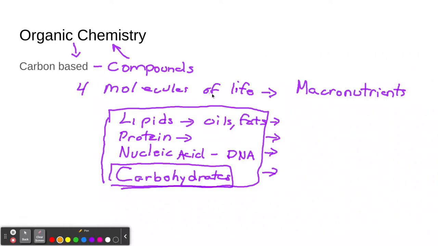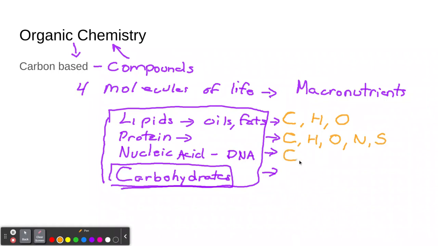Why not? So for our lipids, lipids are made of carbon. Everything's made of carbon. So we have our carbon, we have our hydrogen, and we have our oxygen. That's what makes our lipids. And for protein, we need carbon also. We need hydrogen also. We need oxygen also. But proteins also have nitrogen and sulfur.